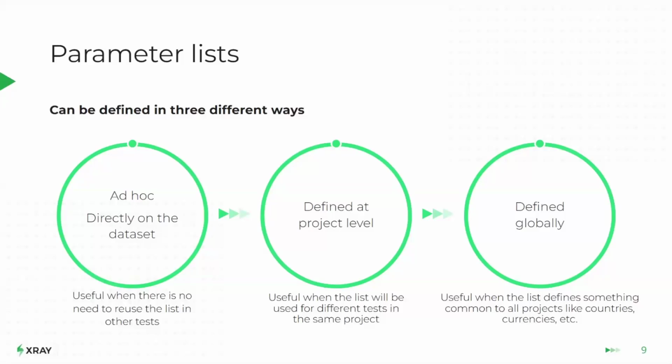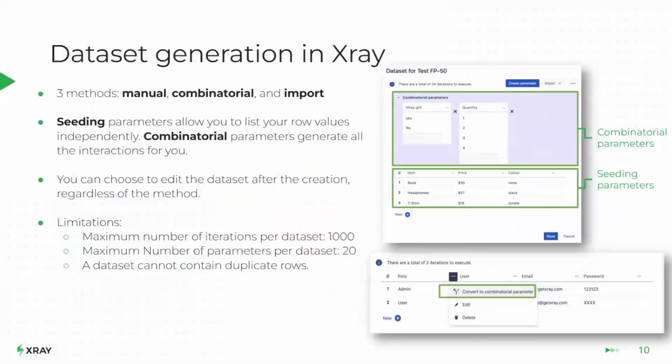Now this second part. As we discussed, datasets store all the iterations to feed the parameters. Xray allows you to create datasets in 3 ways: manual specification, combinatorial generation, and import. Seeding parameters correspond to the first method.